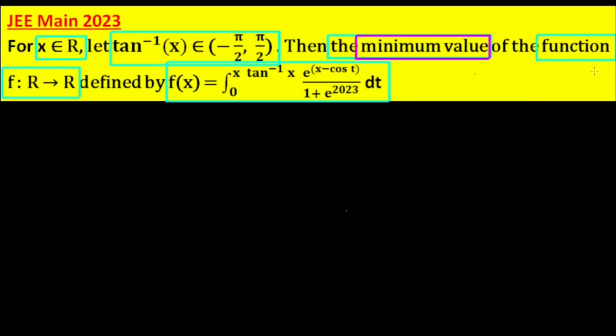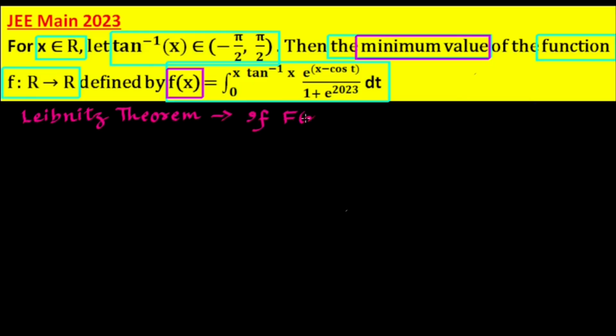First thing, we have to find the minimum value of this function, which means we have to find the derivative of f(x), f dash x. But here f(x) is given in terms of a definite integral with limits of integration as a variable in x. The only way we can find the derivative of f(x) is by using Leibnitz Theorem, which goes like this.